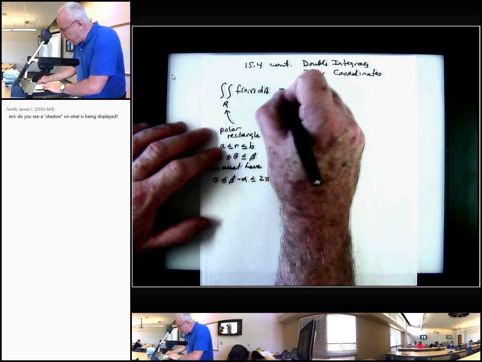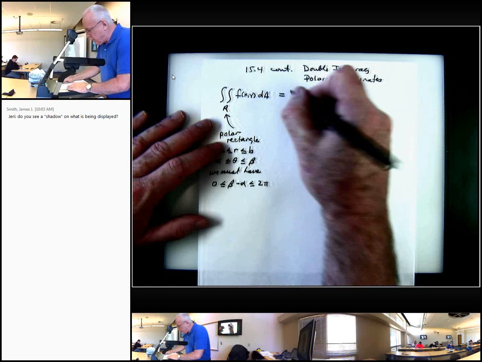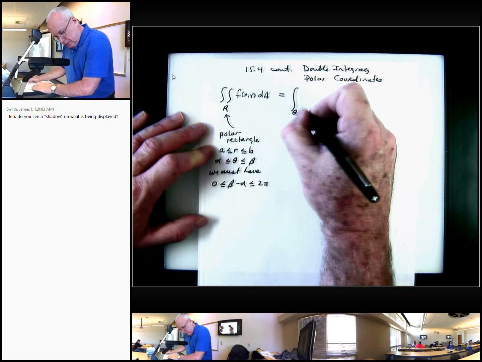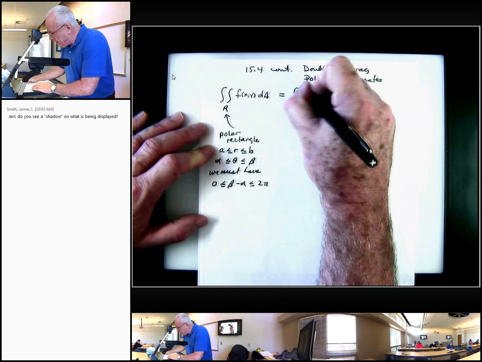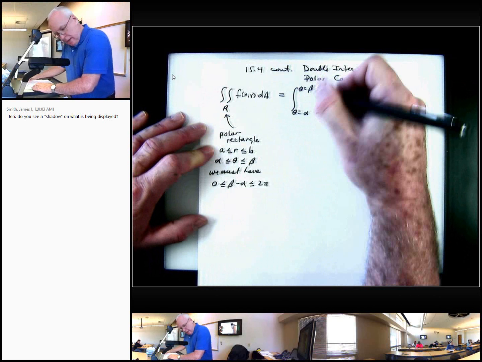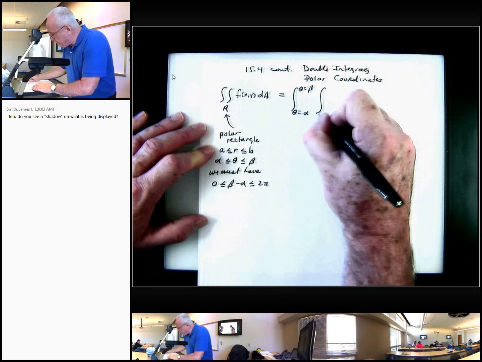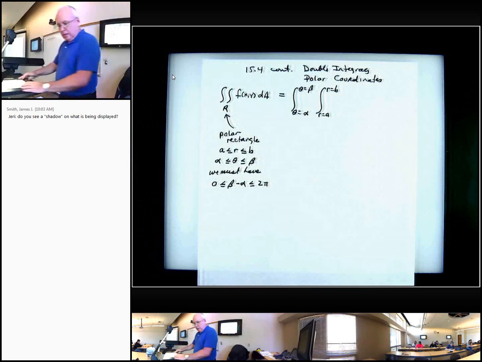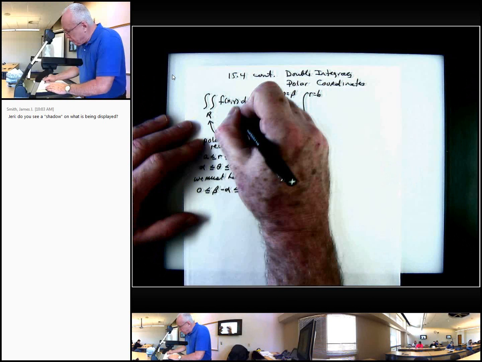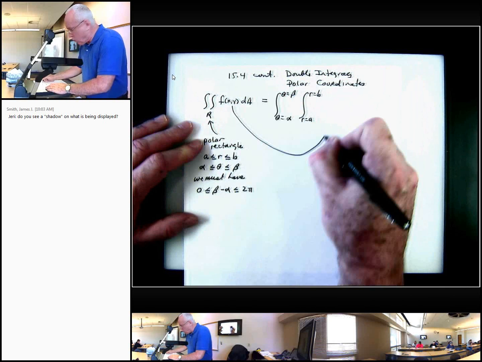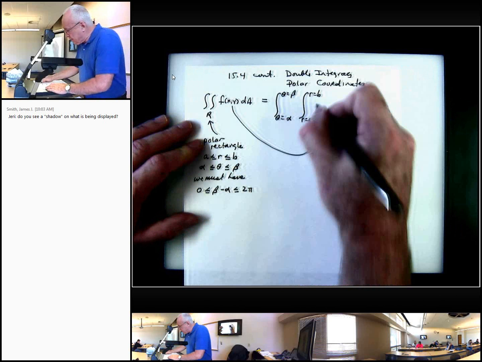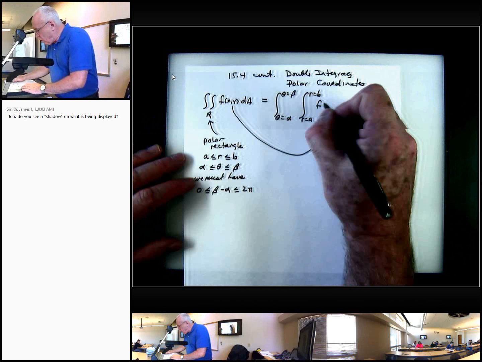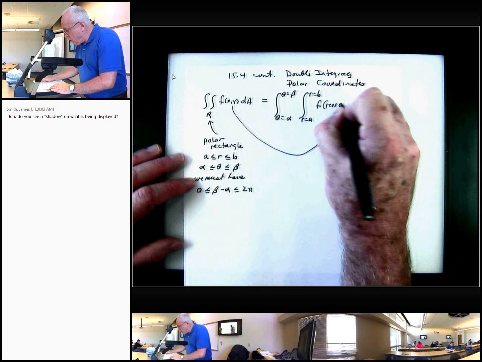And what we found out that this equals is the following, where we integrate from theta equals alpha to theta equals beta, and then the first integral actually is r equals a to r equals b. We put our function in terms of polar coordinates. So instead of saying f of x y, I'm going to put f of r cosine theta, r sine theta.